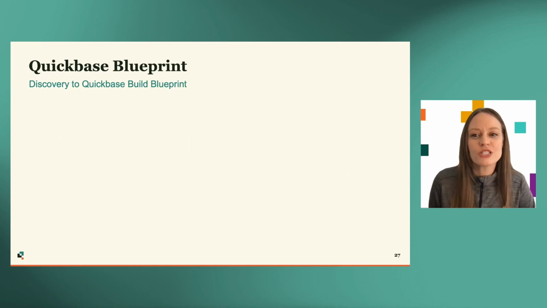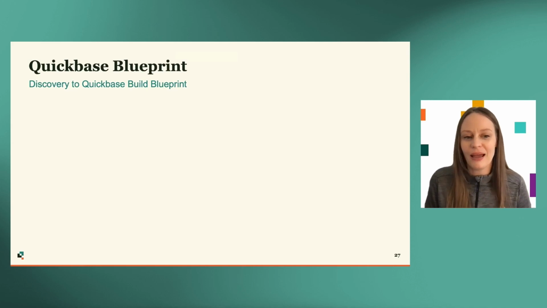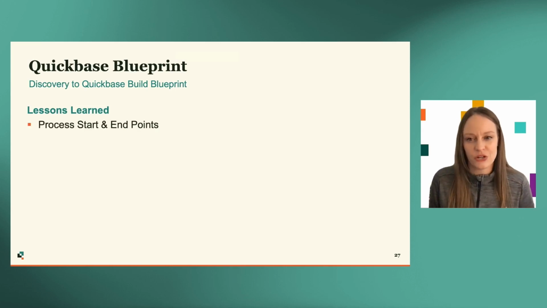Okay, so let's go over some specifics of the lessons that you've learned and how that can translate into your Quickbase process. So you should start to understand now your process start and end points.